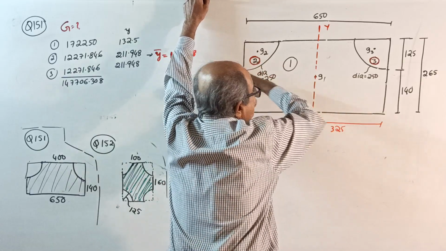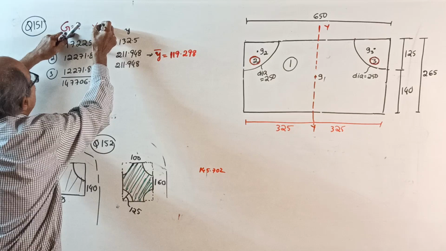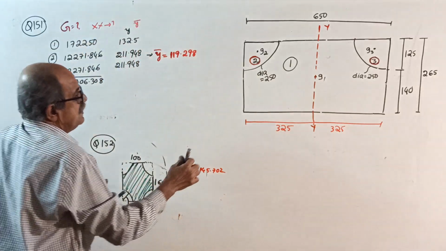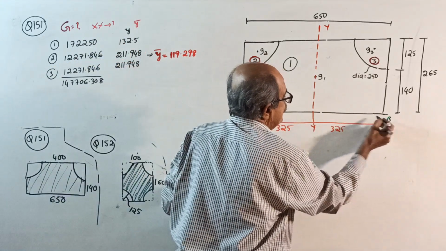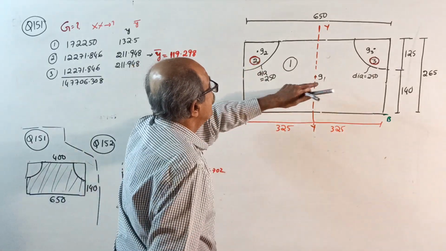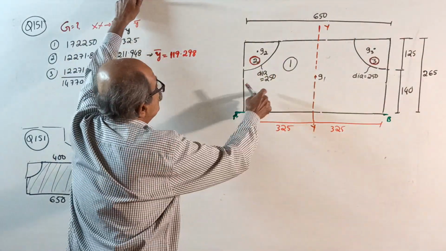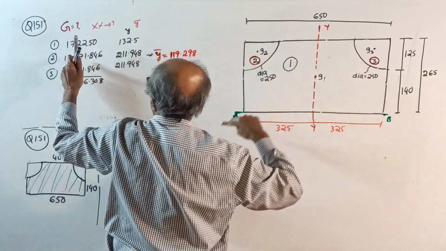But XX you have to locate. To locate XX, you require Y bar. Take base reference line AB here, take Y this way. A1, 650 by 265. A2, pi by 16 of 250 square. A3 equal to A2.